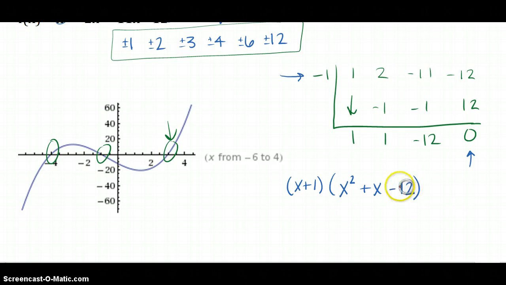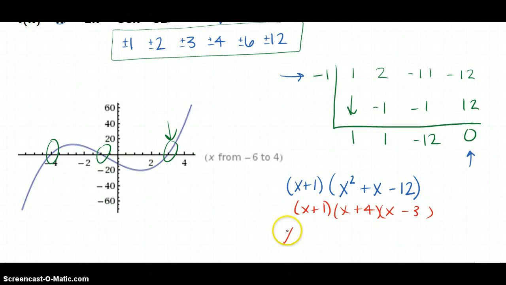Factors of 12 that subtract to give you 1. Well, I can think of a couple. How about 3 and 4? And we'll have a positive 4 and a negative 3 because we have to get to a positive 1 in the middle. So now this is completely factored. To find the zeros, just set each one of these equal to 0. We already did it for the negative 1.